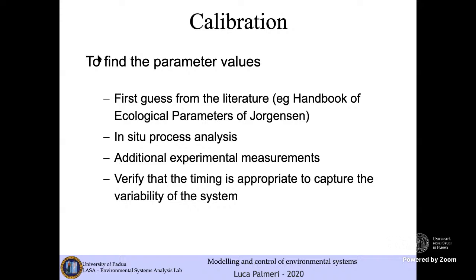This means that when you collect experimental data in order to evaluate the behavior in terms of calibration of your model, you shall verify that the time variability of your system is appropriately described by the time variability of a parameter that you are implementing in the system.